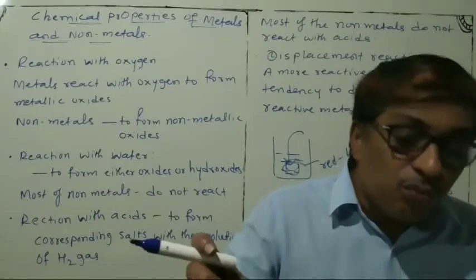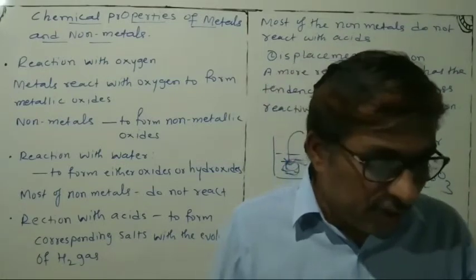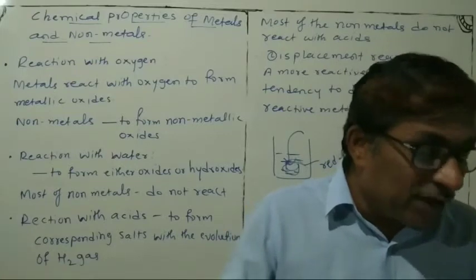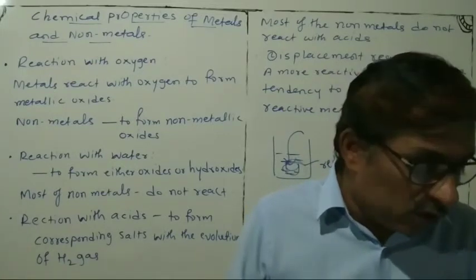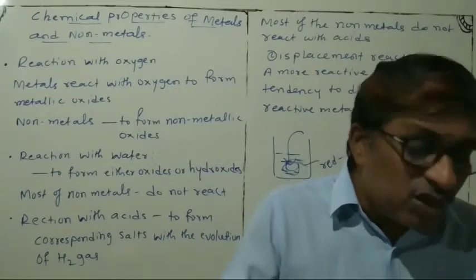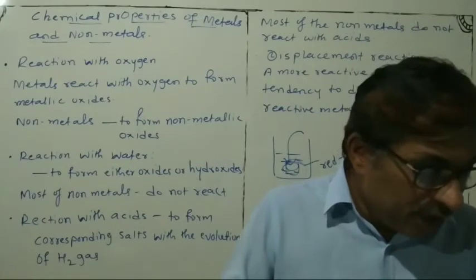Take a small piece of sodium, but handle it carefully. Use a pair of tongs to handle the piece of sodium metal because this is a very reactive metal. Cut a small piece of sodium metal.